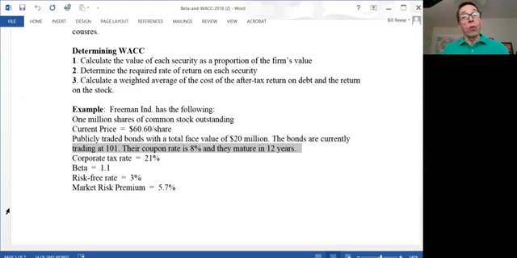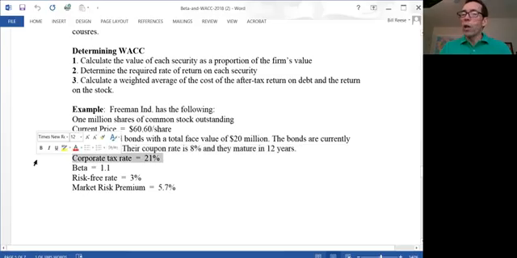So if their face value is $20 million, what's their price going to be? It's going to be 20 million times 1.01, which is going to be $20.2 million. The coupon rate on these bonds is 8%, and they mature in 12 years. Semi-annual coupon payments, as always with bonds.